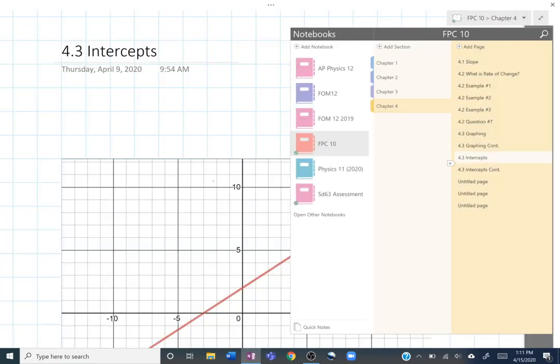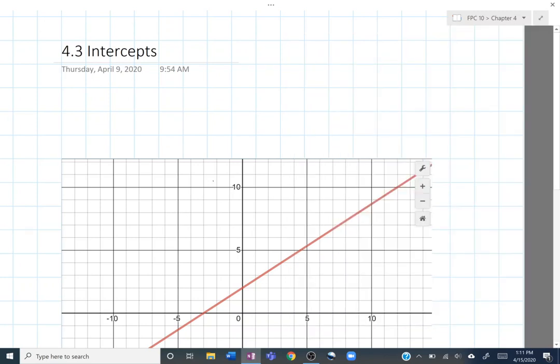So what we're going to talk about next is intercepts. We have 2 intercepts. I'm going to try and do this in 2 different colors. I have an x-intercept, and this is where a line crosses the x-axis. So this is our x-axis.